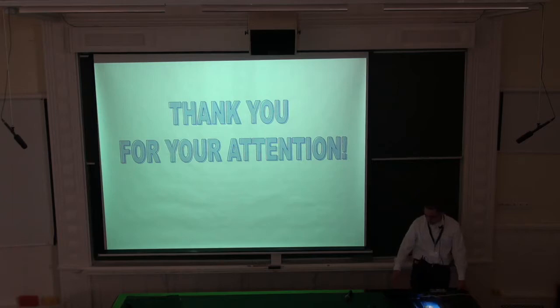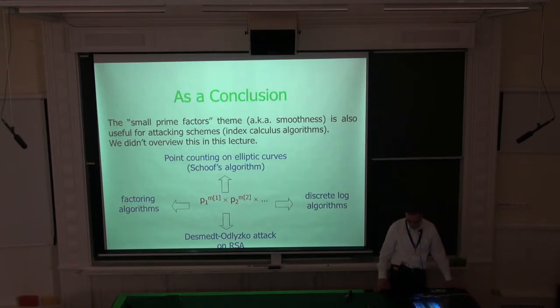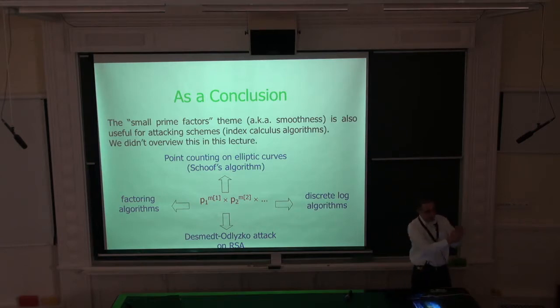Oh, of course. If p minus 1 is a smooth number, then what you can do is compute the discrete log in the different subgroups, and then once you have this, you can work your way up. I can give you a few references to see how it works.